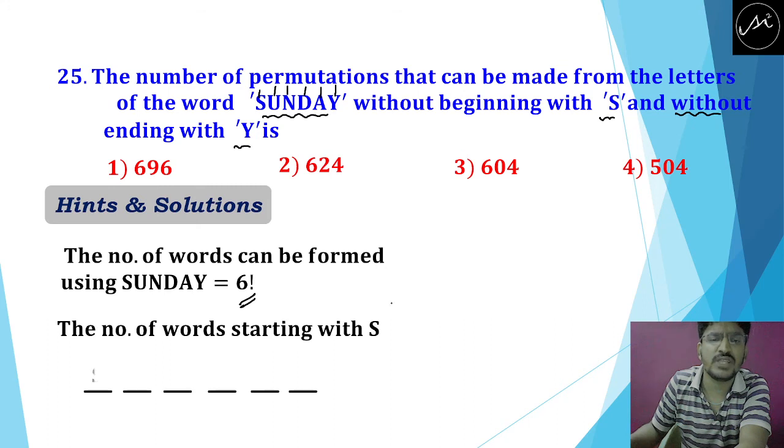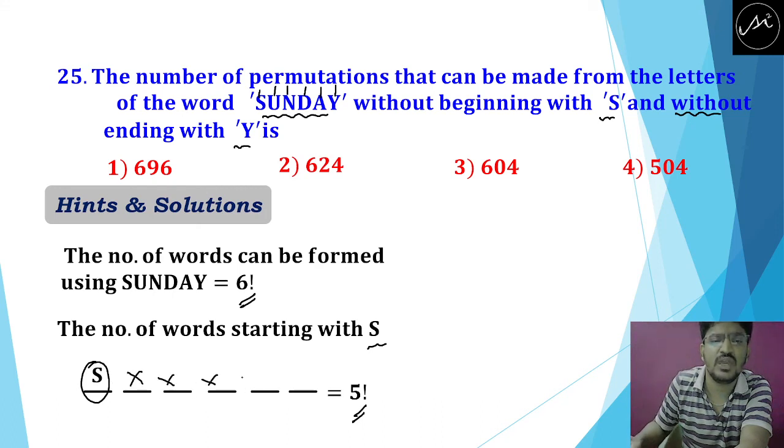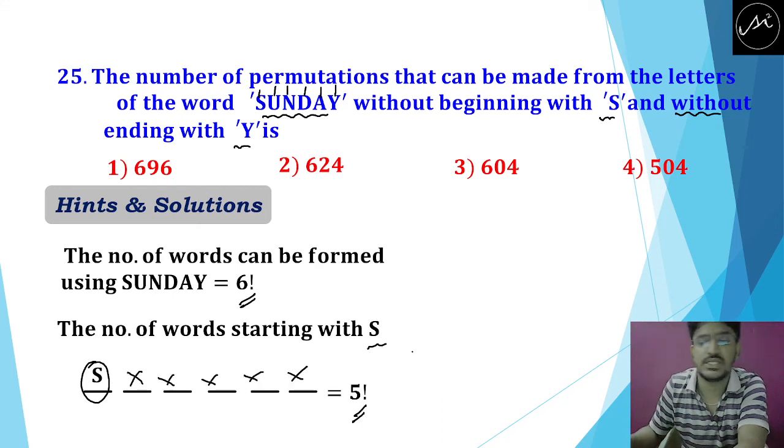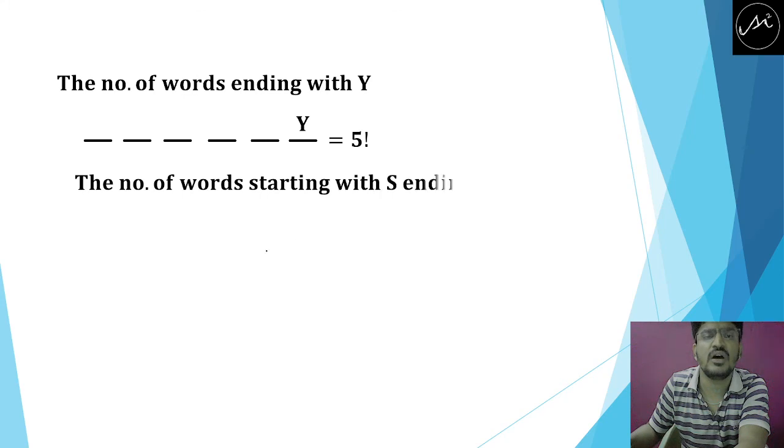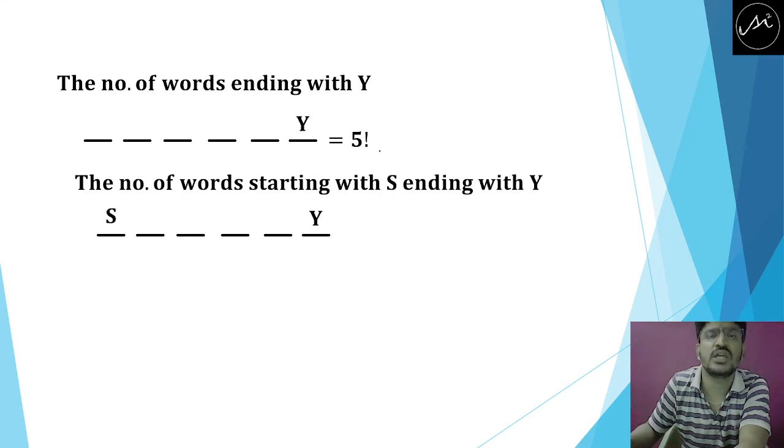The number of ways starting with S are 5 factorial, because S is fixed here and the other 5 places can be arranged in 5 factorial ways. And ending with Y, they are also 5 factorial.